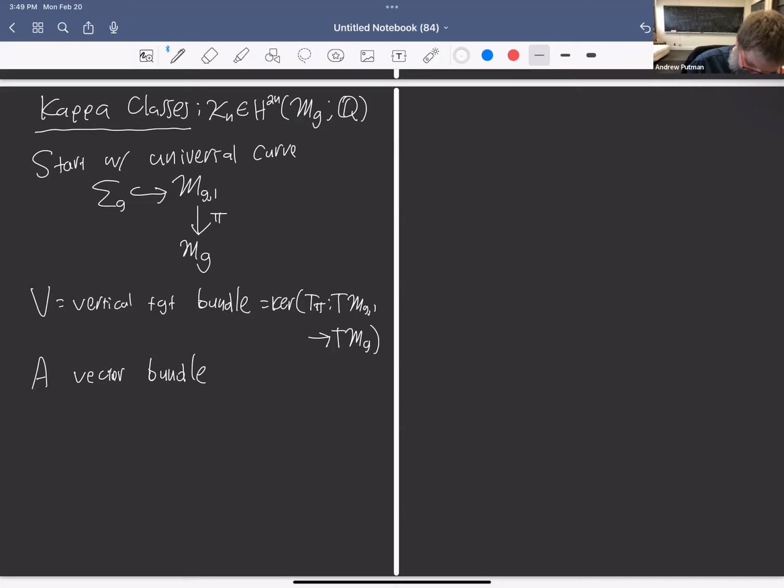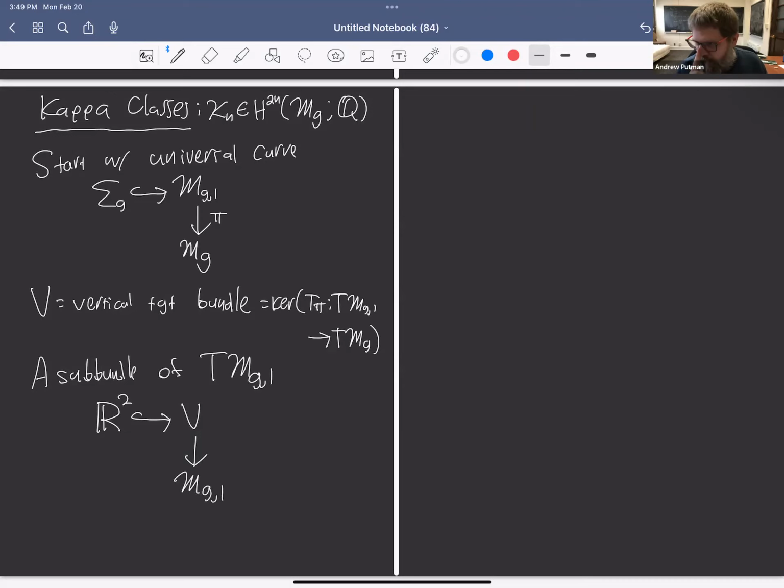So this is a sub bundle of the tangent bundle to MG1. So we have R2, that's the typical fiber, goes to the vertical tangent bundle, and that goes to MG1. And so once I have a two-dimensional vector bundle, it has an Euler class.